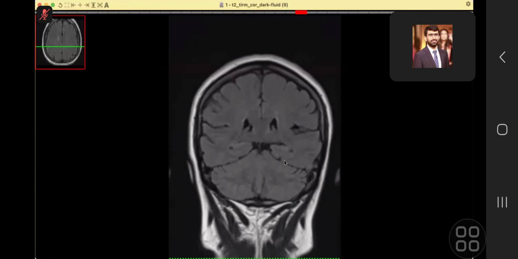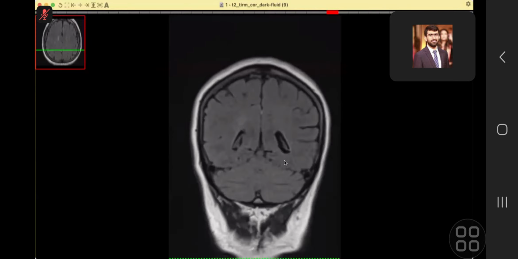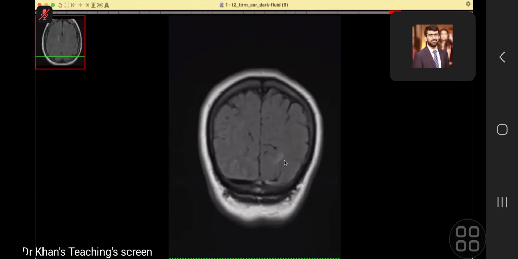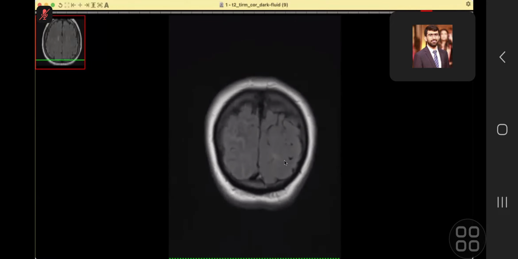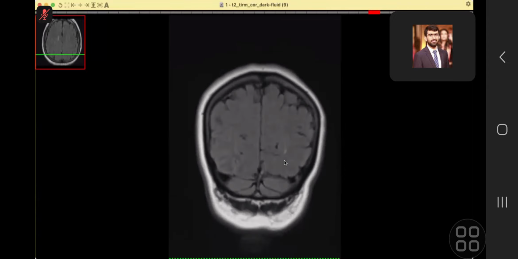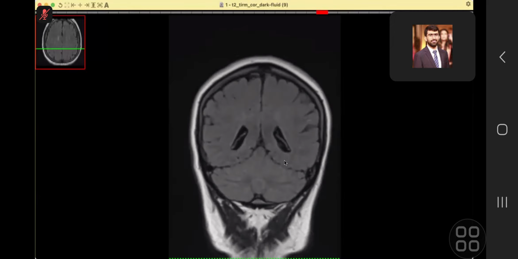Sir, I am presented with the coronal T2 FLAIR sequence of the MRI brain. In this sequence, I can appreciate there are abnormal hyperintense signals.